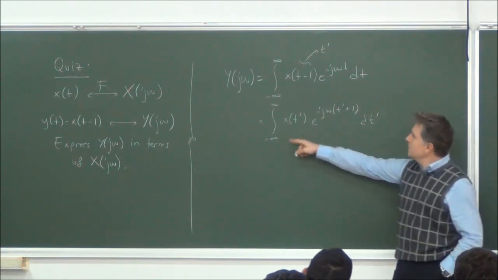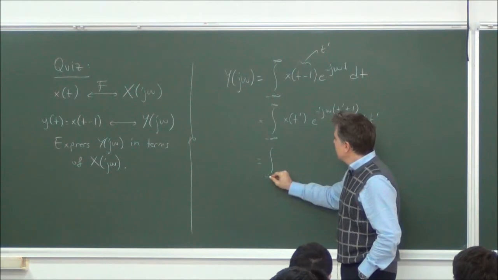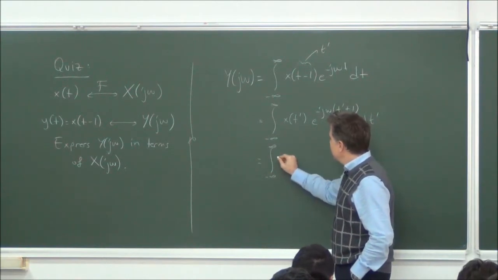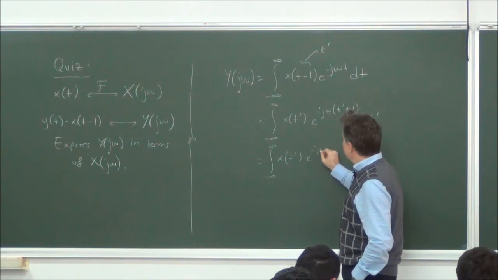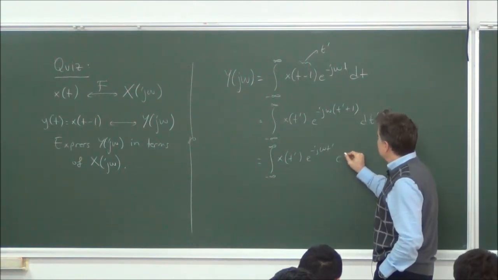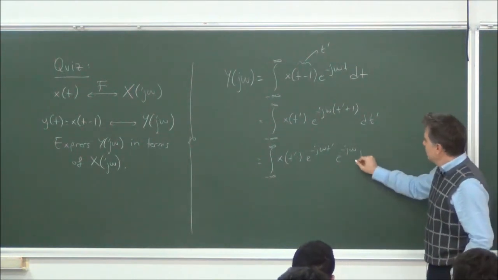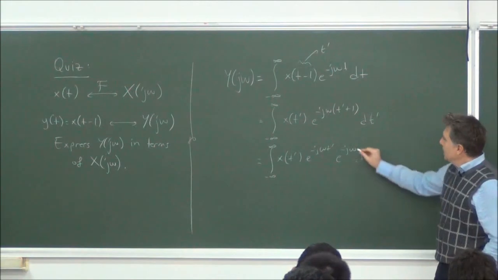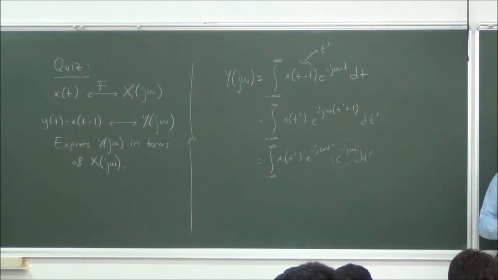And the integration limits don't change either. What you come up with is the integral x of t prime e to the minus j omega t prime and e to the minus j omega dt prime. You need to take this out of the integration because it has nothing to do with t or t prime.